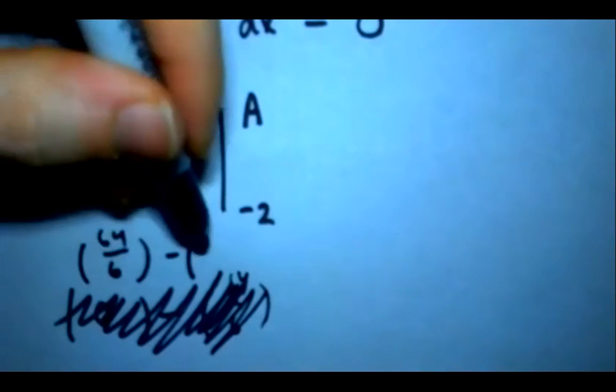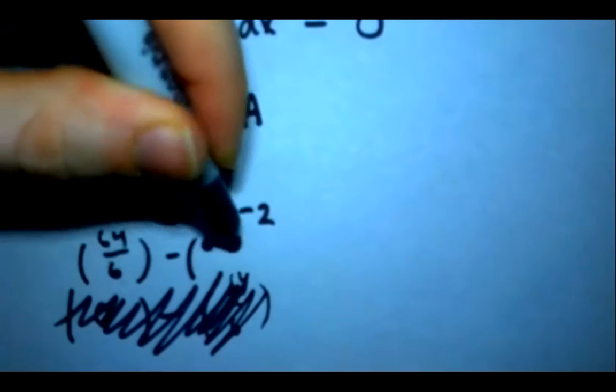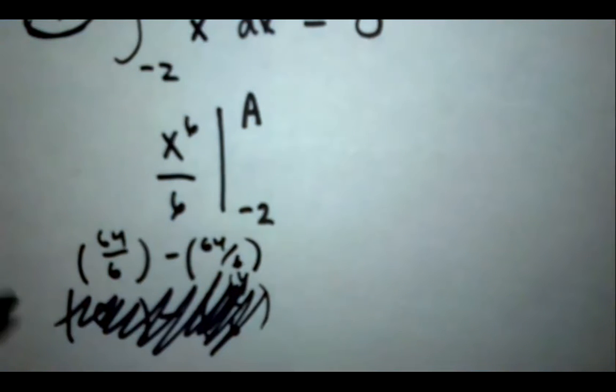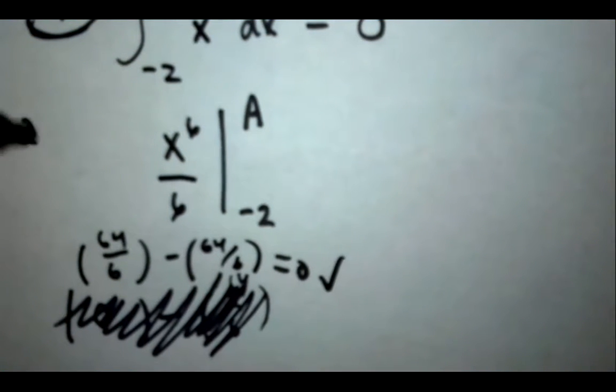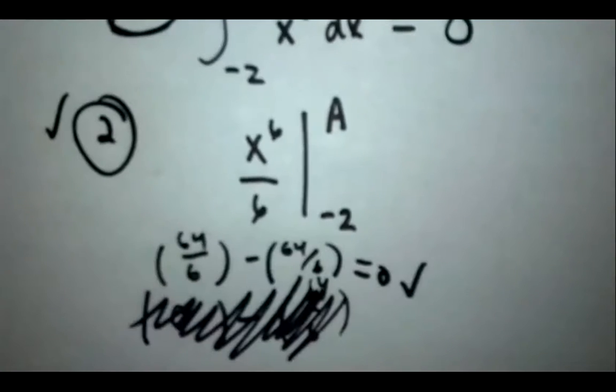So let's try this as a 2 up there. If we plug in the top, 2 to the 6th is 64 over 6, minus plug in the bottom, -2 to the 6th, 64 over 6. That checks out. That's going to be 0. So check. The number 2 is good. Anything else ringing a bell?